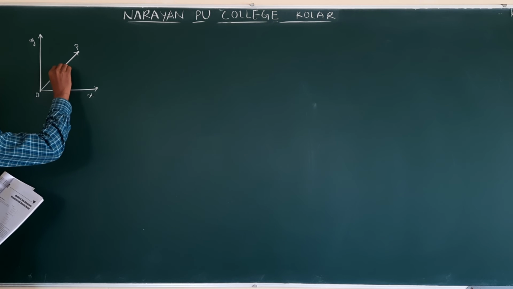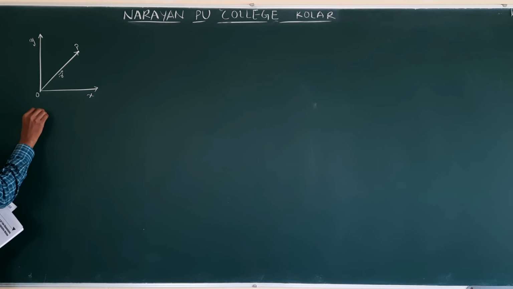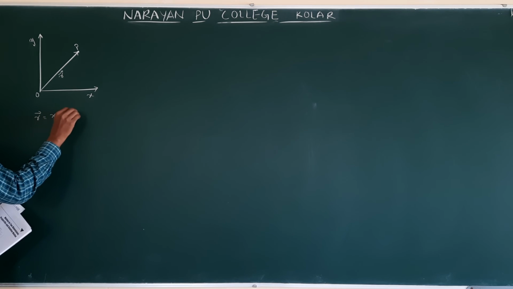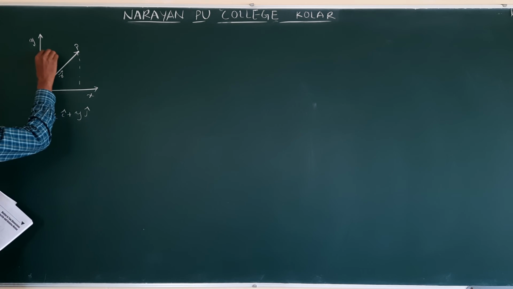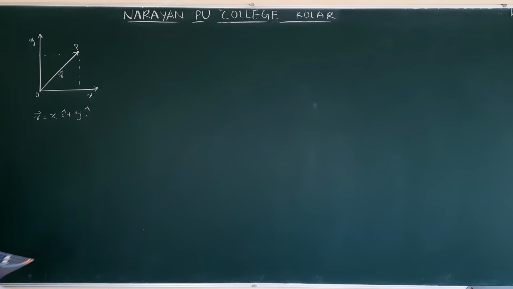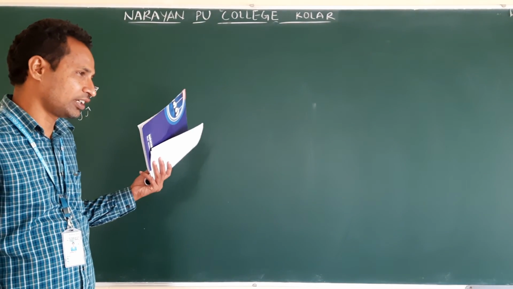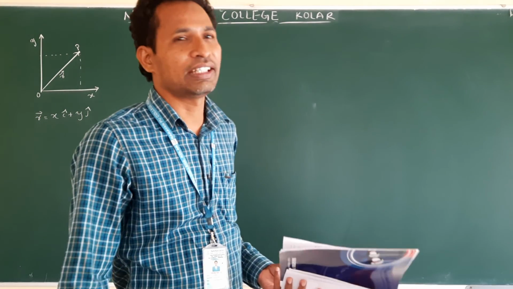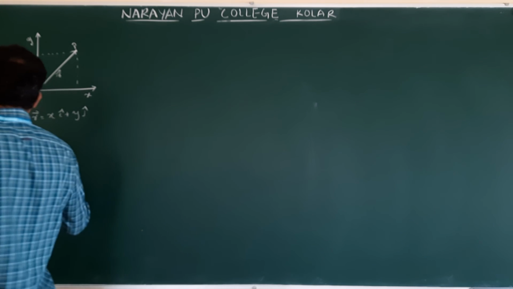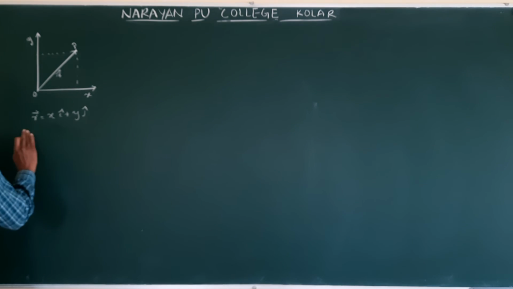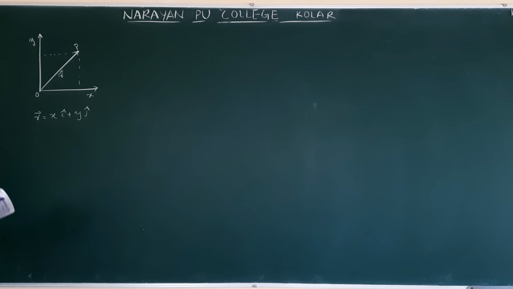This we denoted with vector R. This vector, how do we write? x i cap plus y j cap, because it has one component along the x axis, another component acting along the y axis. This R is equal to x i cap plus y j cap. We have seen in the explanation I took vector A as ax i cap plus ay j cap. But that's in the PU. Now here position vector is x i cap plus y j cap.